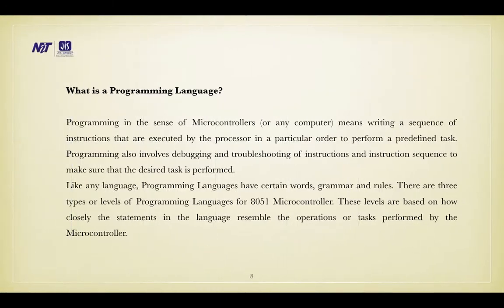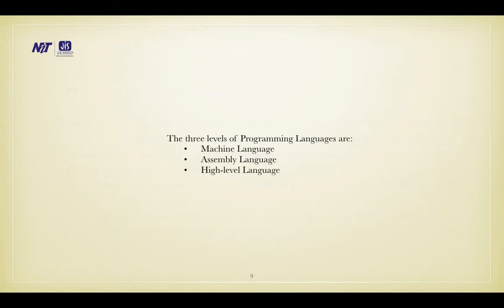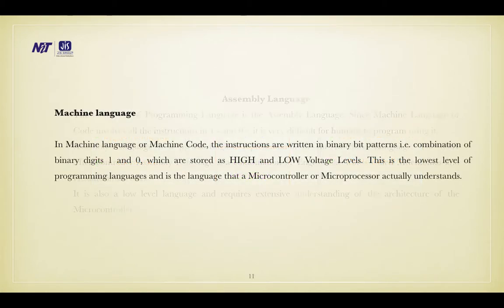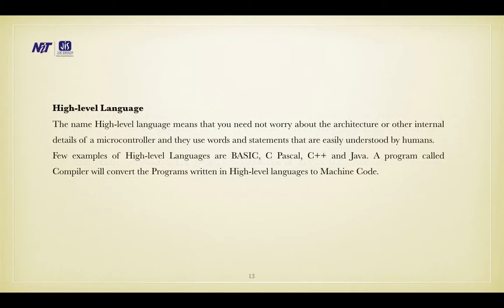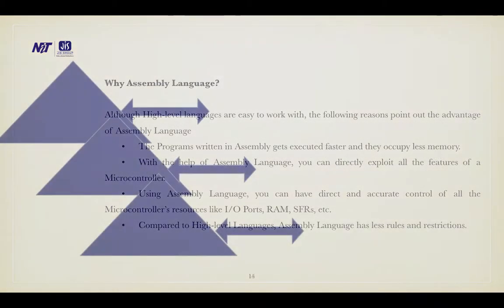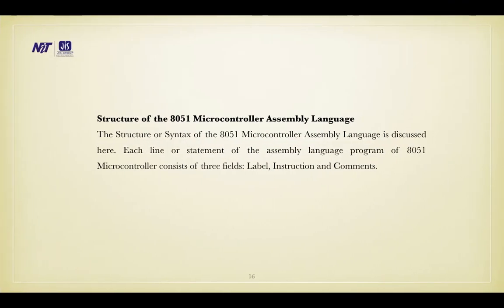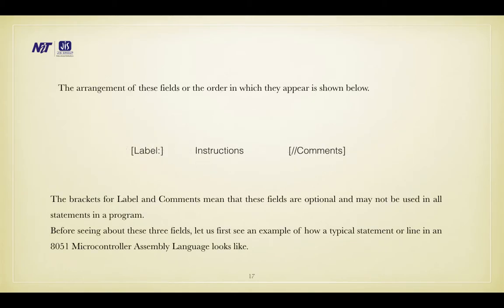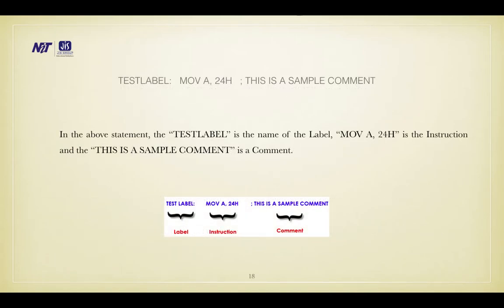We studied what is a programming language: machine level language, assembly level language, high level language; the structure of the 8051 microcontroller assembly language, level, instruction, commands, and what are the activities of these fields, and few examples of how it operates.